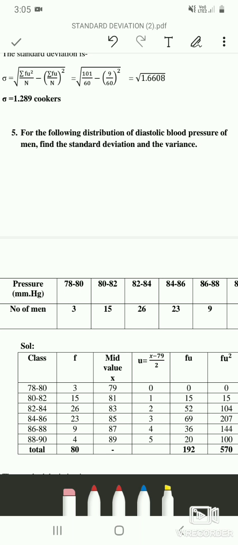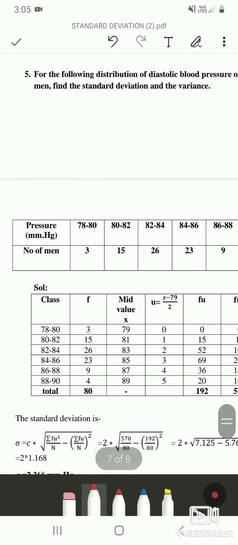Now let us see standard deviation in case of continuous data. The question is, for the following distribution of diastolic blood pressure of men, find the standard deviation and the variance. Here they have given the data for blood pressure of men, expressed in mm Hg, which is millimeter of mercury.